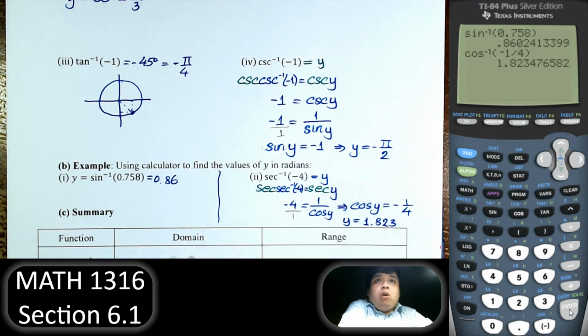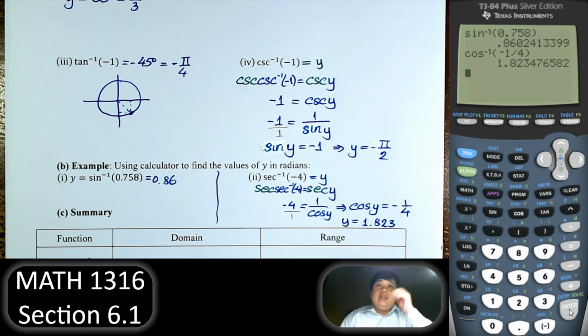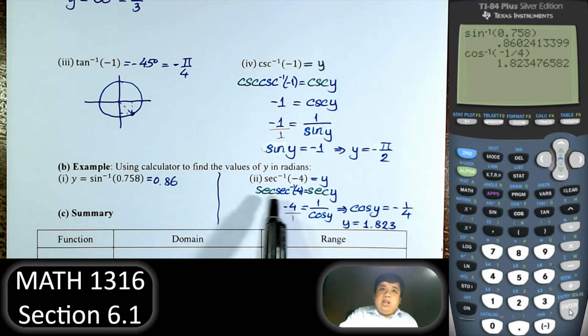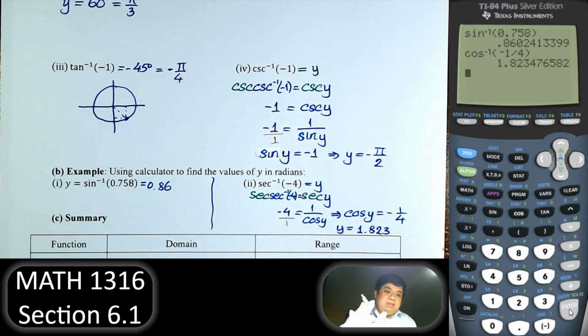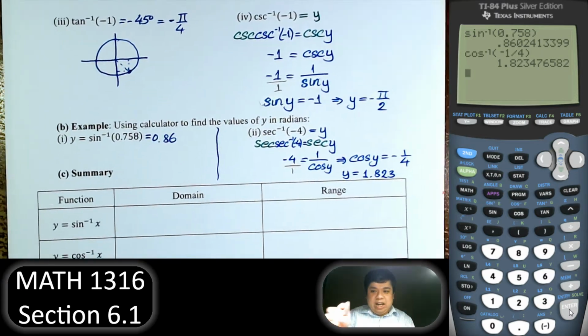That's what happens when we need to find secant inverse, cotangent inverse, or cosecant inverse. Later on, I'll say the function and the function inverse do not always cancel like this, but that is in the next part of the section.